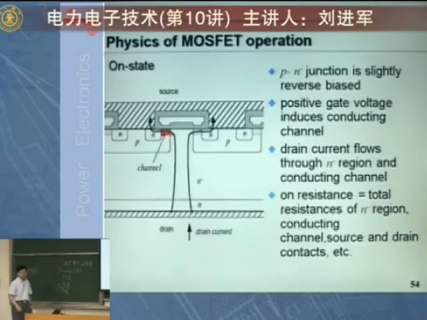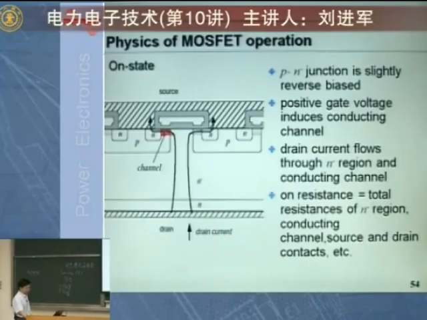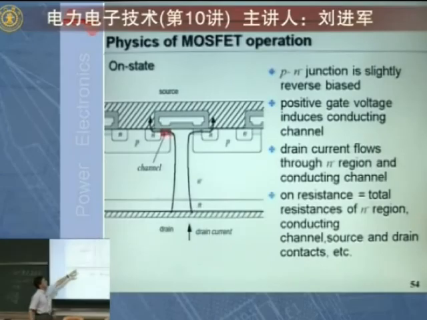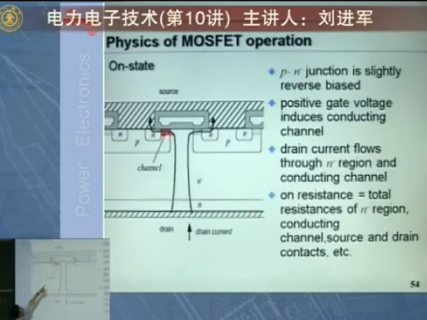And therefore, if you look at this structure, under this situation you have the lower side, this is N material. And the upper side, you have N channel, and through that N channel, you have N material again.